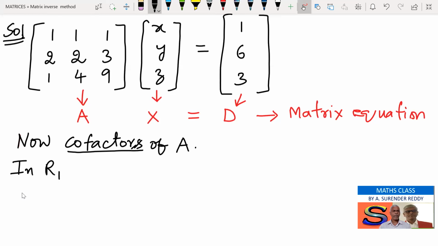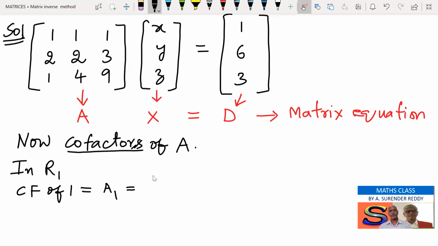So in R1, the cofactor of the first one, let us name it as A1, capital A1.